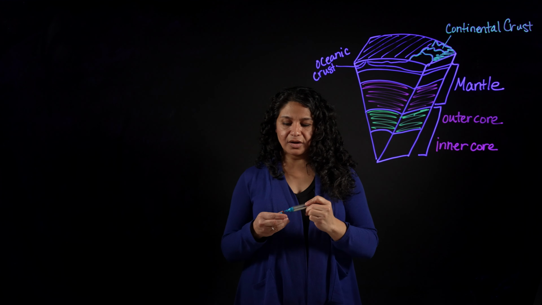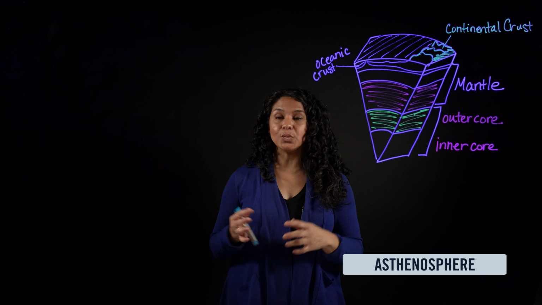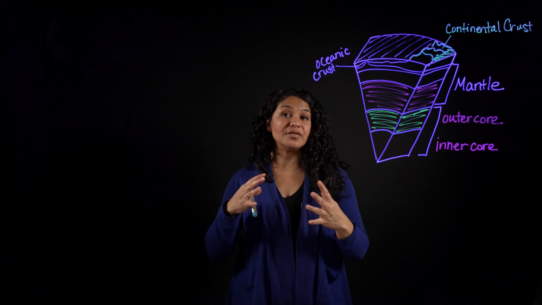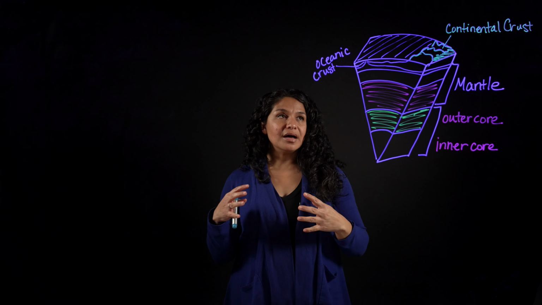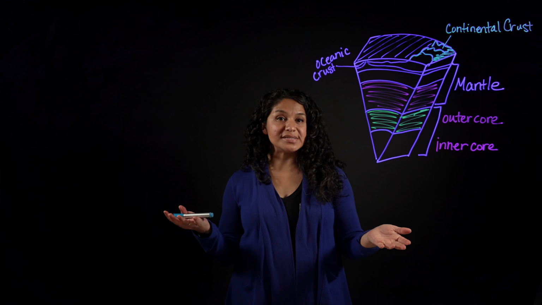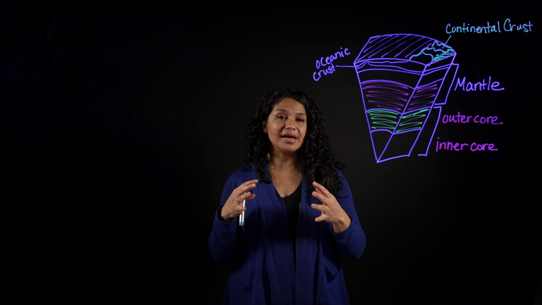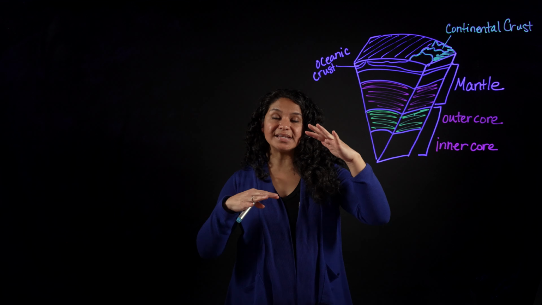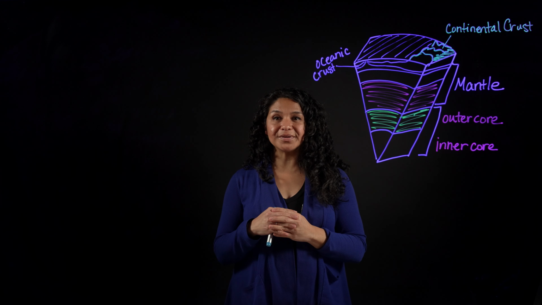And then there's a layer called the asthenosphere. Astheno means weak, and what this is like is kind of the consistency of asphalt. Because the rock isn't entirely melted, but it is soft, and due to a temperature variation, it moves sideways and up and down, kind of like a lava lamp.